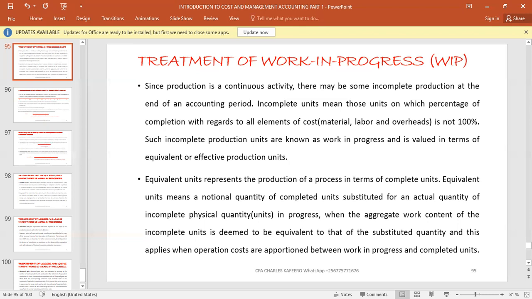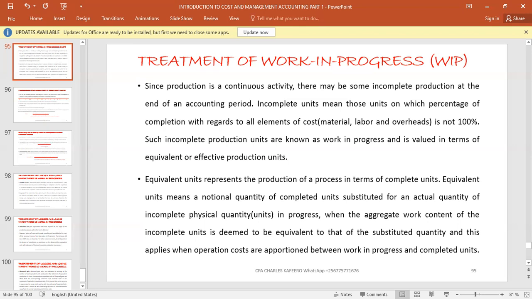When you are looking for the equivalent production or the equivalent units, those are just notional units. Notional means the figures are not even there, but we try to express the work in progress in terms of the completed units.